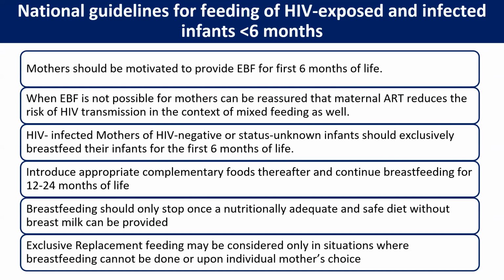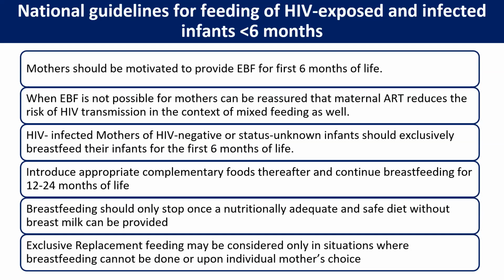So exclusive replacement feeding may be considered only in a few situations where breastfeeding cannot be done, or upon individual mother's choice. For example, if the mother is very sick, or the mother has unfortunately died and we don't have a mother to feed, or sometimes the mother wants to feed the child with replacement feeding, we can advise replacement feeding in those situations.